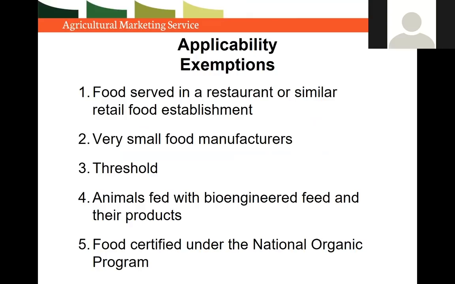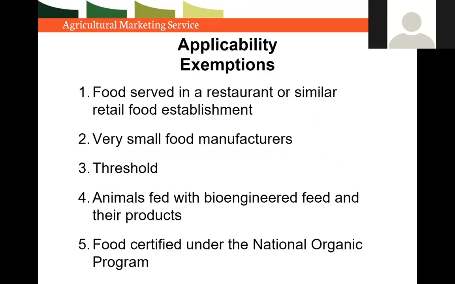The amended Agricultural Marketing Act directs the Secretary to establish a threshold level for the amount of bioengineered substance for determining whether a food must bear a BE disclosure. A food in which the bioengineered substance is below the threshold would not be required to have a BE disclosure.